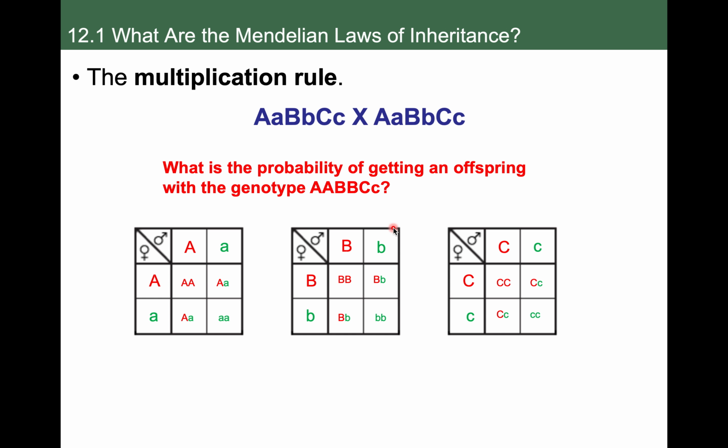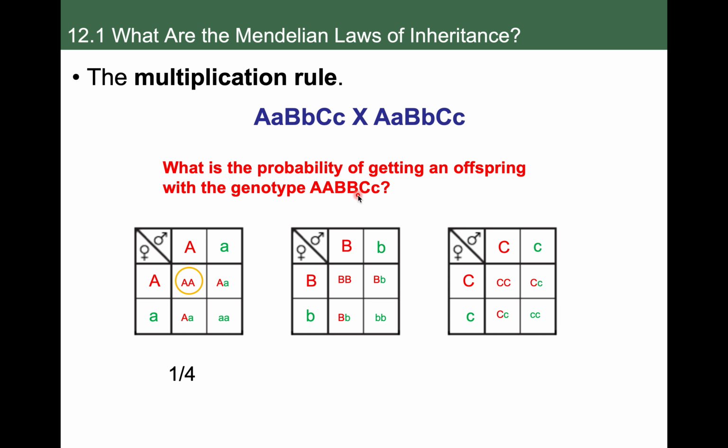And so the way we solve this problem then, remember you're being asked what's the probability that you're going to get an offspring with this particular genotype shown here. So for example, you were being asked big A, big A. Well, if we look at our little Punnett square we did here, basically 1/4 would be big A, big A. So we make note of that. Move on to our B's.